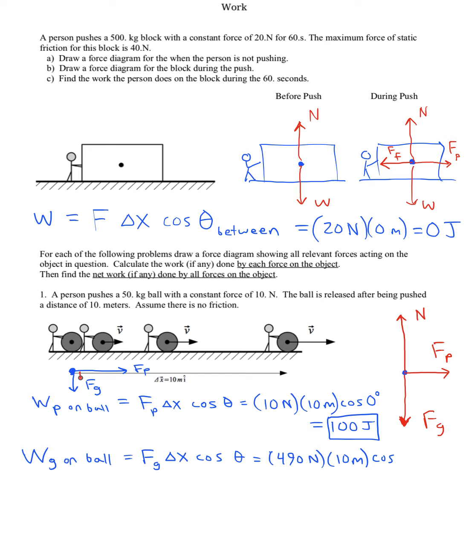So the angle between the two is actually 90 degrees. So how much work really gets done? 0. The force of gravity can't do any work in this situation because it pulls downward, but the ball is not allowed to go downward.